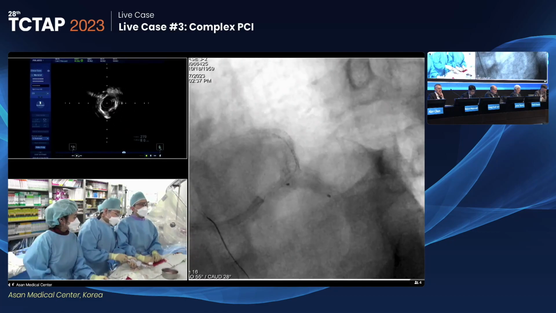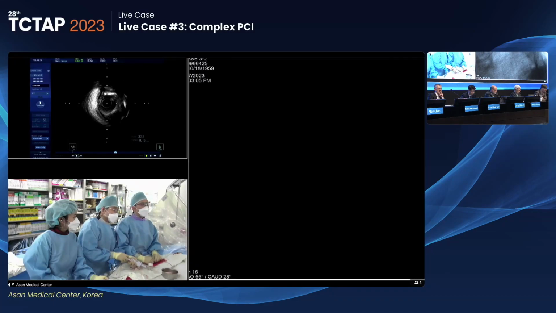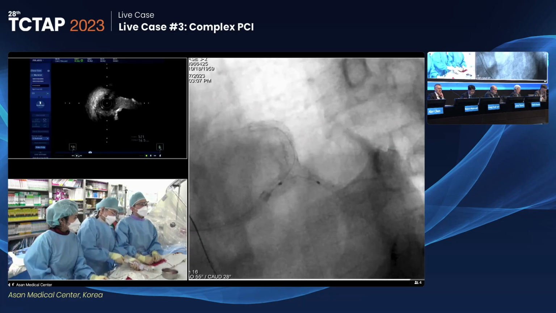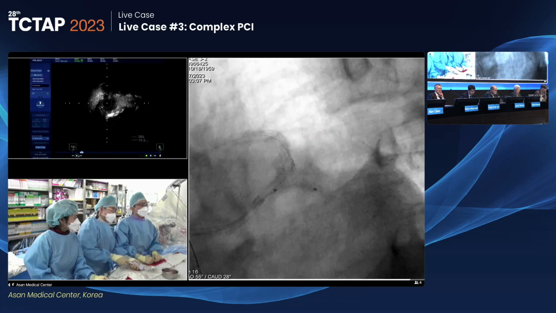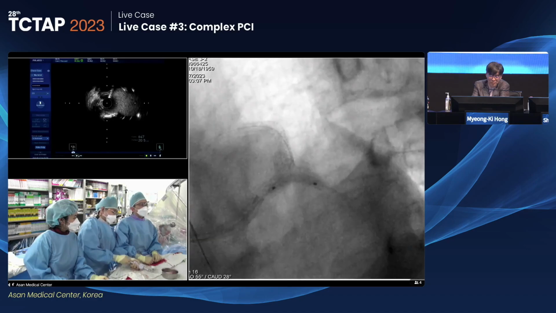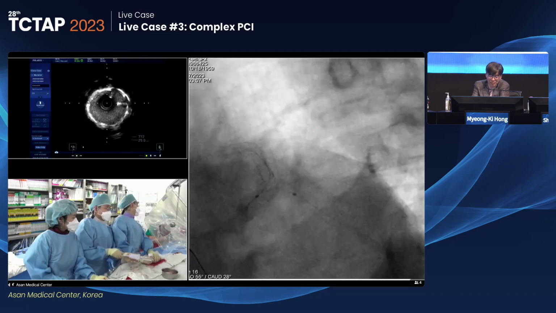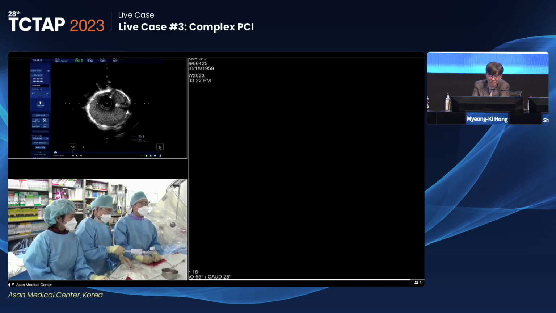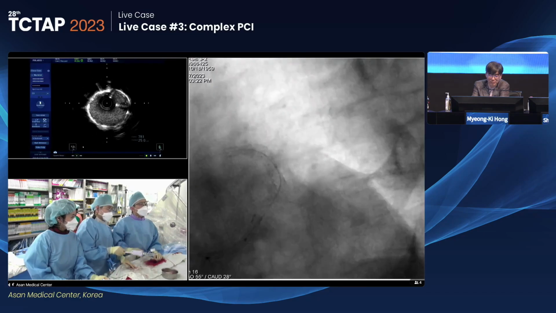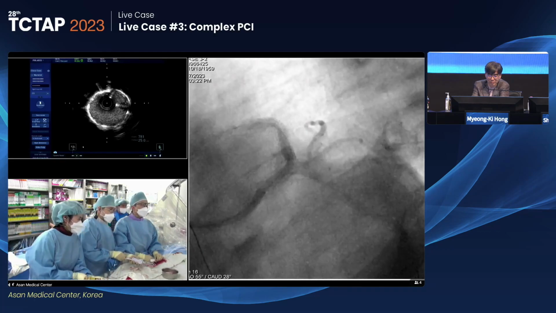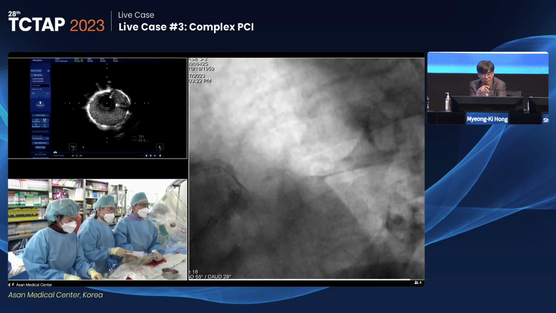20. Deflation. Okay. 24. 26. Deflation. The patient has chest pain. Test again. Okay, the branch is alive yet.